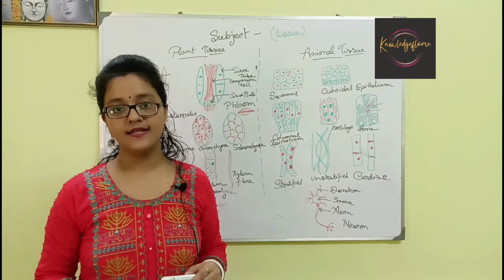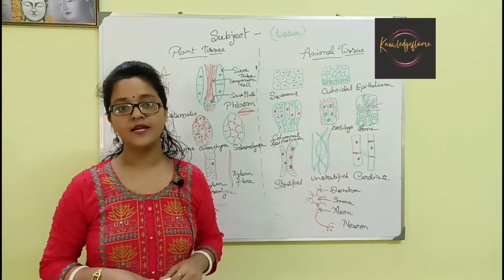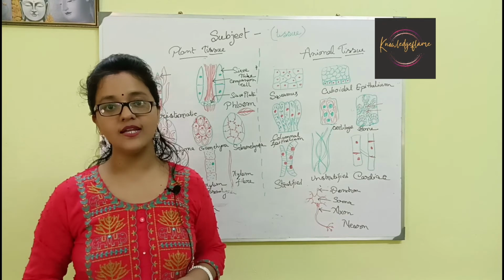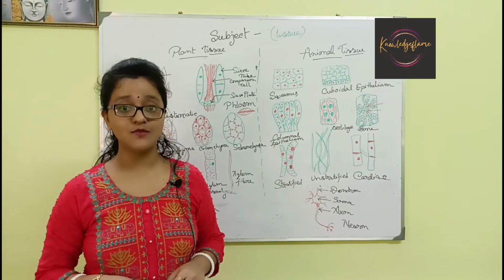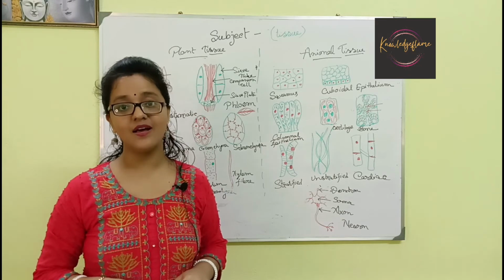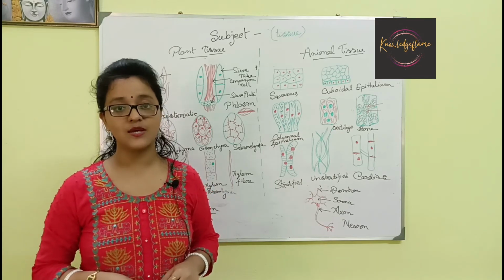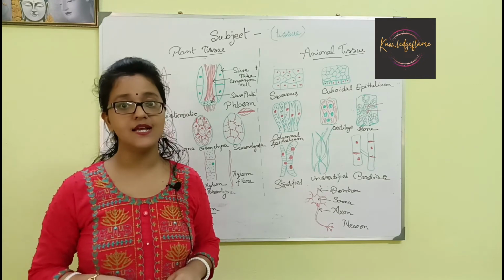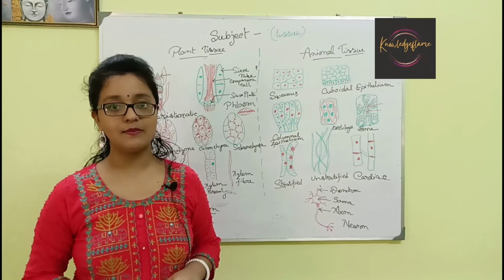Inside the cell there is cytoplasm with vacuole and a prominent nucleus. Sometimes parenchyma is filled with chlorophyll, the green pigment. The name is chlorenchyma, and sometimes the parenchyma is filled with cavities which give buoyancy to the plant. Chlorenchyma helps in the photosynthesis of the plant. Aerenchyma helps in the buoyancy of the plant.